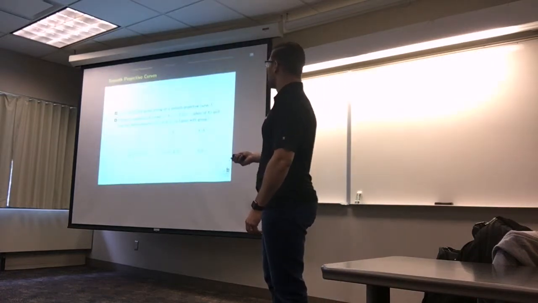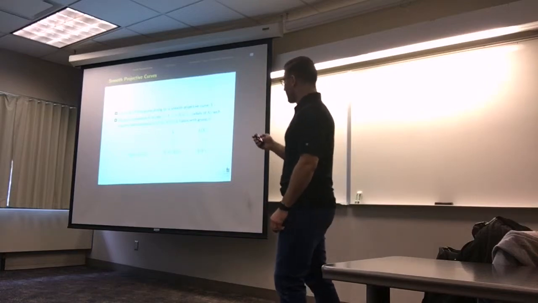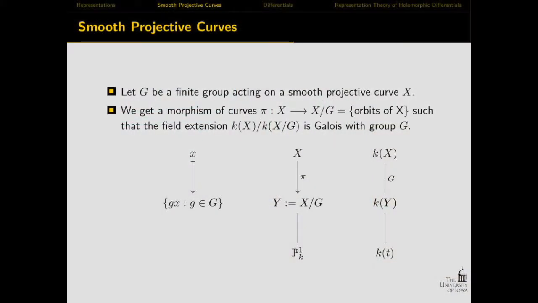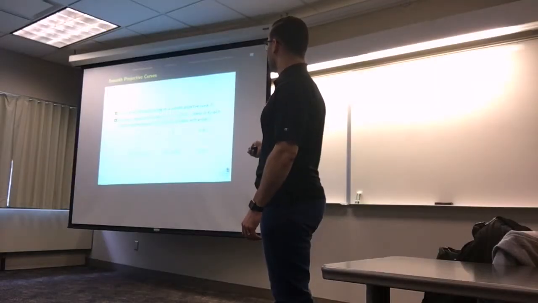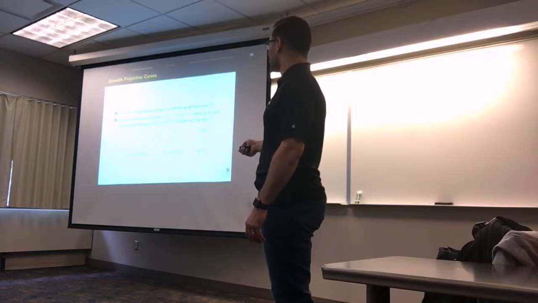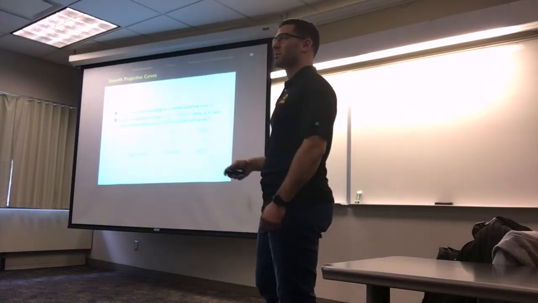And so we have this diagram, and we have that the field extension of the function field of X over the function field of this other curve, X mod G, which down here I call Y, is Galois with Galois group G. So in this middle diagram, we have X going down to Y, this morphism of curves, where Y is defined as X mod G. And then you have this extension of fields, which is Galois with Galois group G. And then here, what is the map? Pi. It sends X to its orbit.